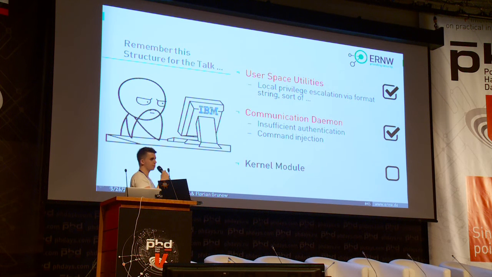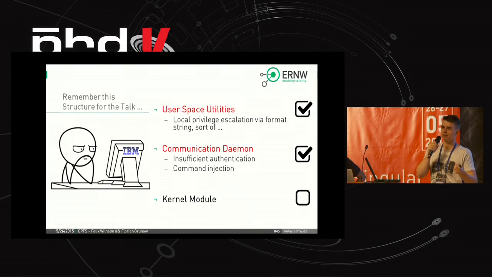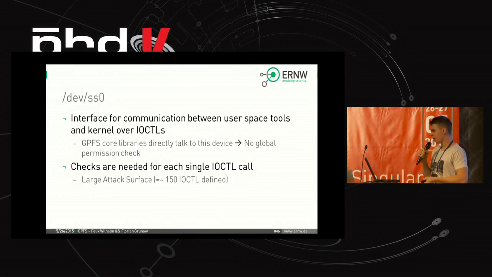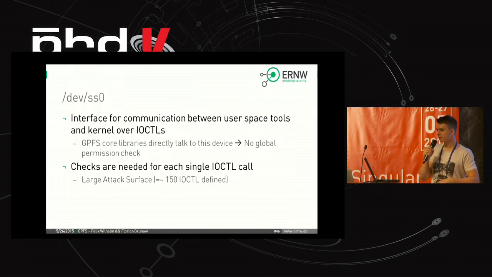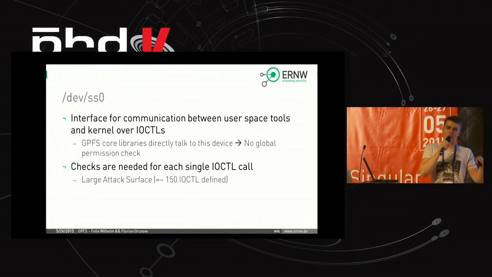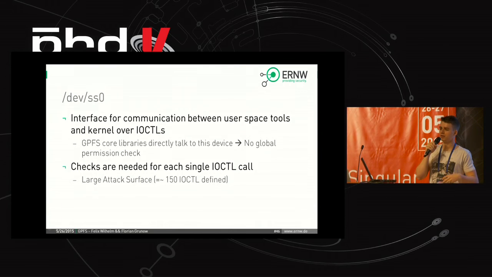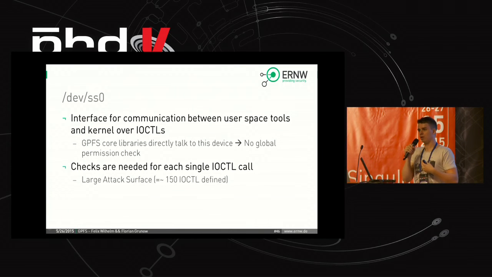We have the user space utilities, we have the communication daemon, but there's still this interesting looking kernel module. The whole setup on Linux is basically that GPFS creates a device, SS0, and this is used for the communication between all these user space utilities and the kernel, and it's using normal Linux IOCTL calls.